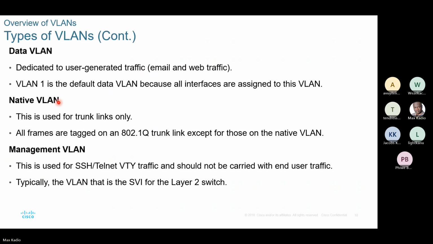Each frame that arrives at the switch will normally get a stamp, like data coming from VLAN 10 has a stamp VLAN 10, or data coming from VLAN 20 has a stamp. If a frame comes and there is no stamp, we don't know which VLAN it belongs to, so we say it belongs to the native VLAN.